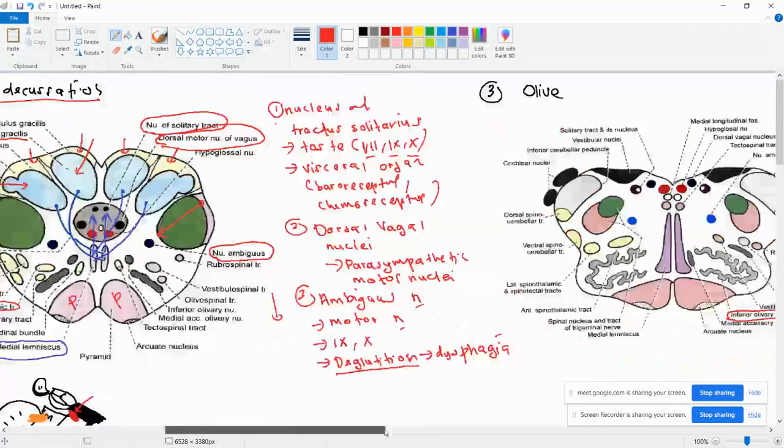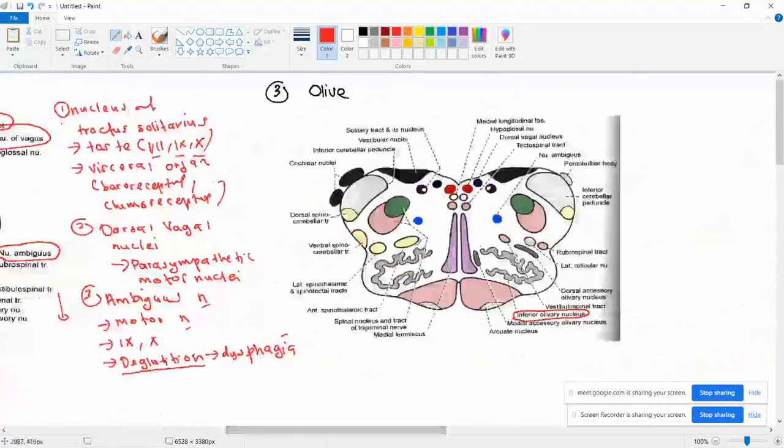The anterior spinothalamic tract is now moving medially, whereas this is the lateral spinothalamic tract, laterally. And we still have the ventral spinocerebellar tract and the dorsal spinocerebellar tract, which carry sensation into your cerebellum.